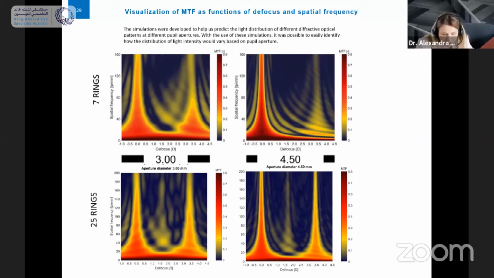But when the pupil is open, 4.5 millimeter aperture, when far vision is very important, look how strong the color is, how much energy is dedicated to far vision, also compared to the competitor. You see, this is the same lens and it acts differently in a 3 or 4.5 millimeter pupil.